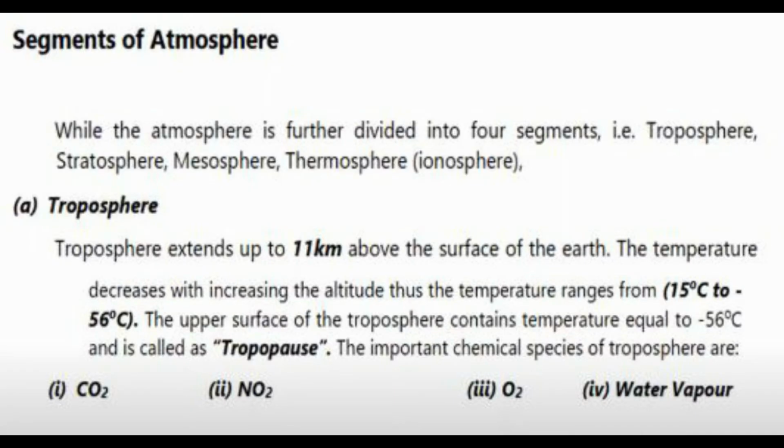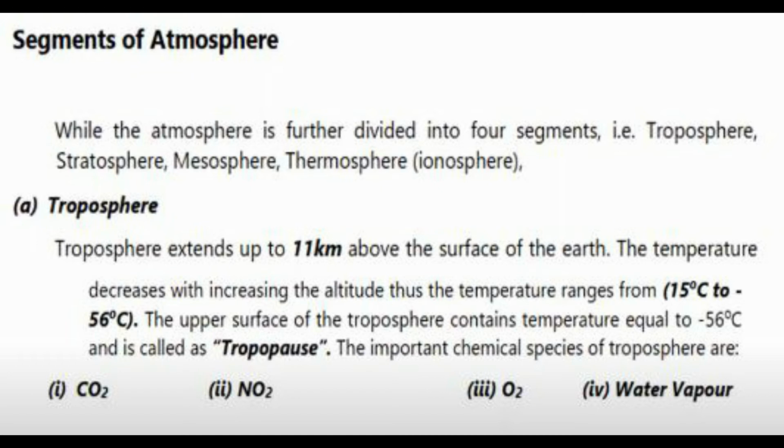Segments of atmosphere. The atmosphere is further divided into 4 segments: troposphere, stratosphere, mesosphere, thermosphere or ionosphere. Troposphere. It extends up to 11 kilometers above the surface of the Earth.